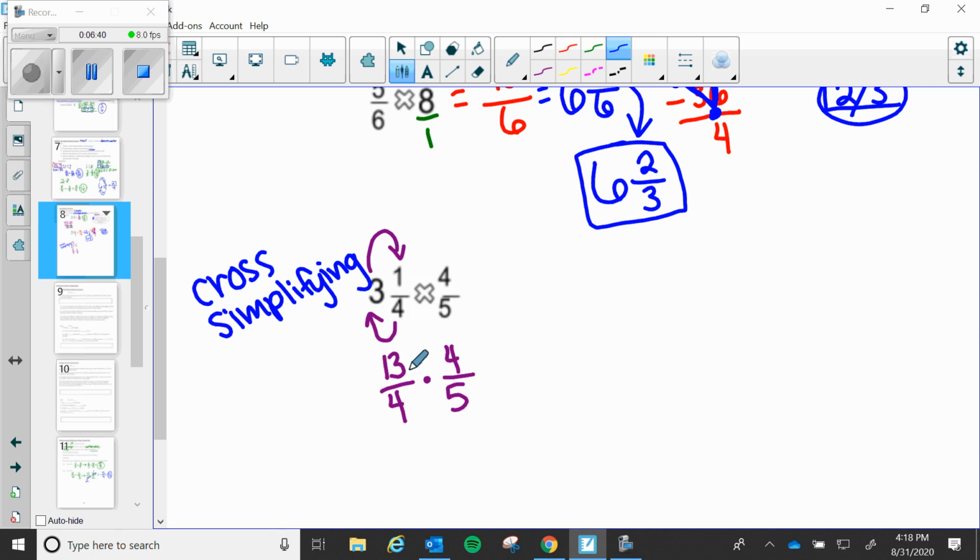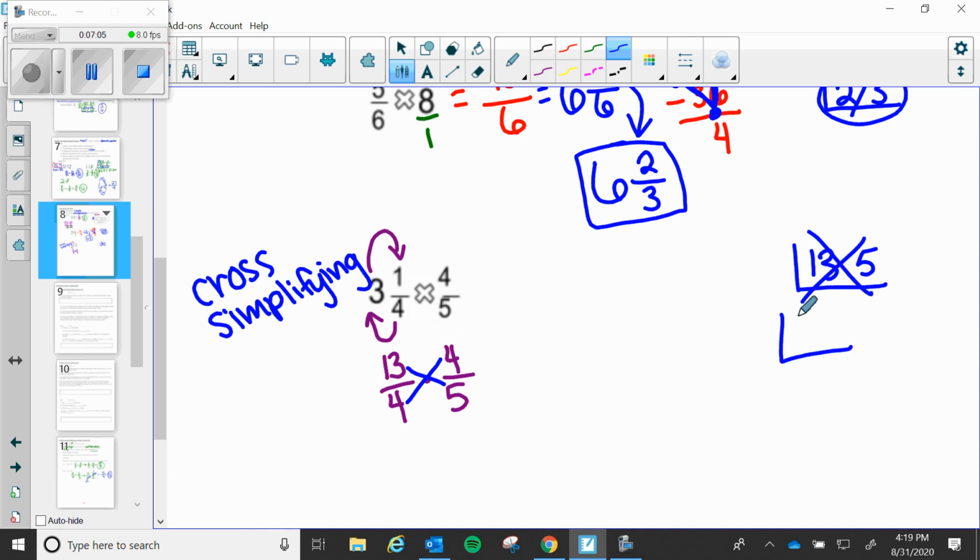So you're looking at the numbers that are across from each other. Looking at 13 and 5, you're checking to see if they have any common factors that you could take out. Just like if we were to put them in a ladder. You do not have to write this out. But if I were to put these in a ladder, is there anything I could take out of them? No. So you can leave those alone.